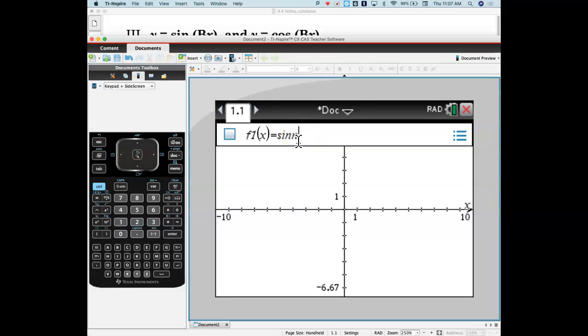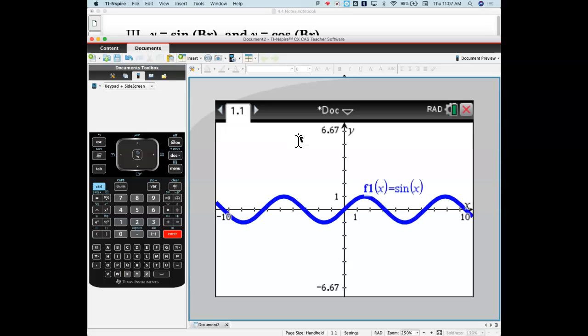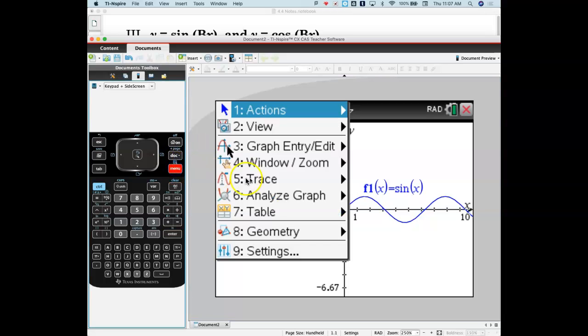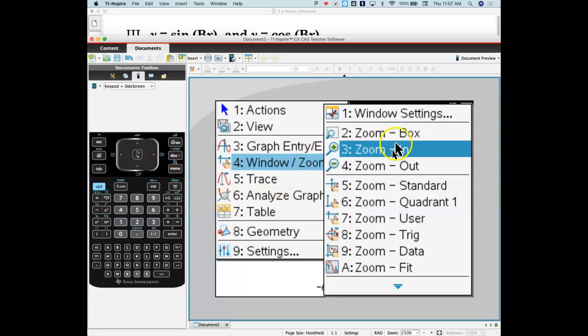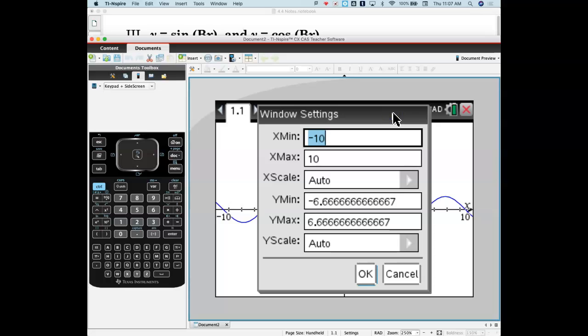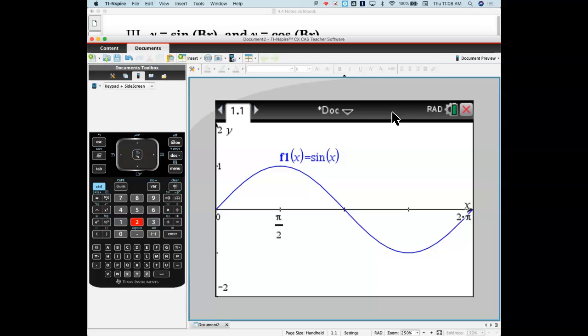There's sine of x. Thank you. Okay. But then we want to adjust our window. We want our window to be from 0 to 2 pi, and from -2 to +2. So there's our first one.